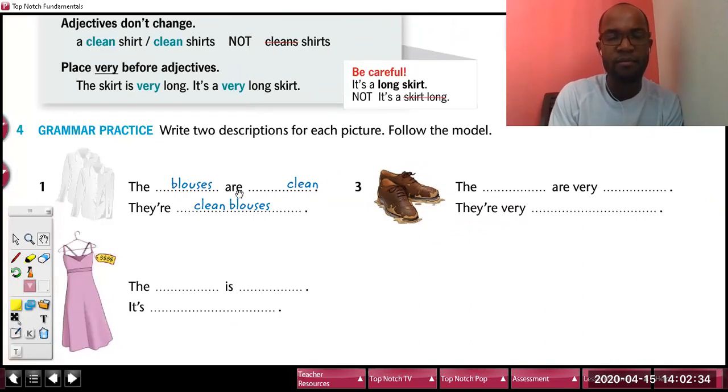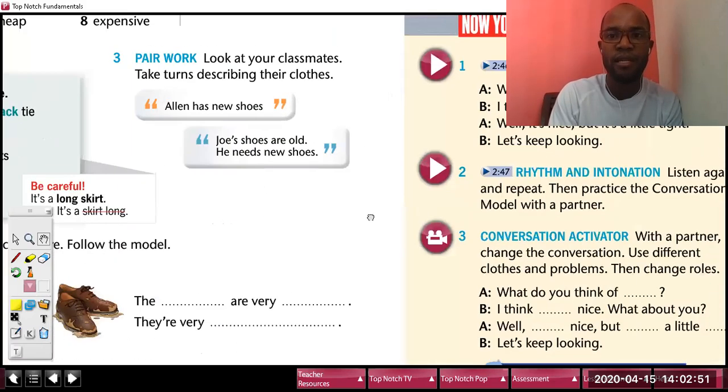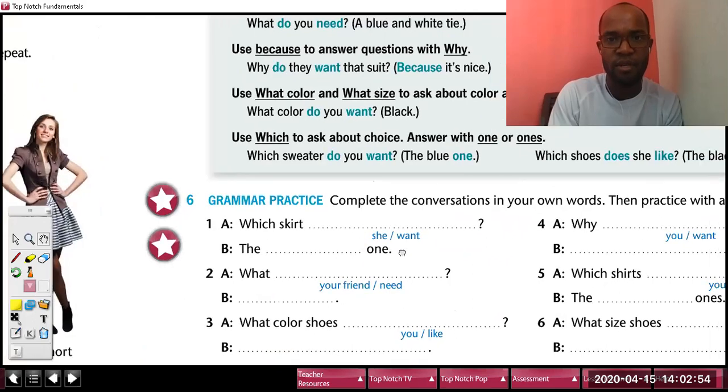Look at the example. Write the 2 descriptions for each picture, like the blouses are clean, they are clean blouses. Or the shoes are, they are. So you gotta do that in your book or in a notebook if you don't have the book.